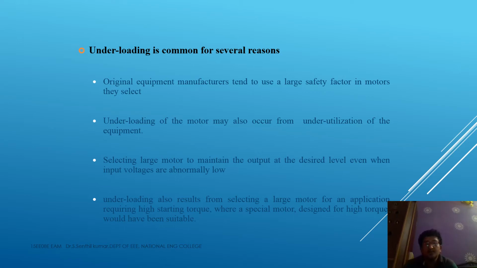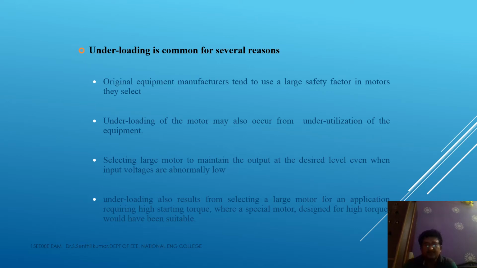One is that original equipment manufacturers choose larger safety factors when they select the motor ratings. Underloading of the motor may also occur under low utilization of the equipment, as well as when selecting large motors to maintain the output at a desired level even when the input voltage is abnormally low.